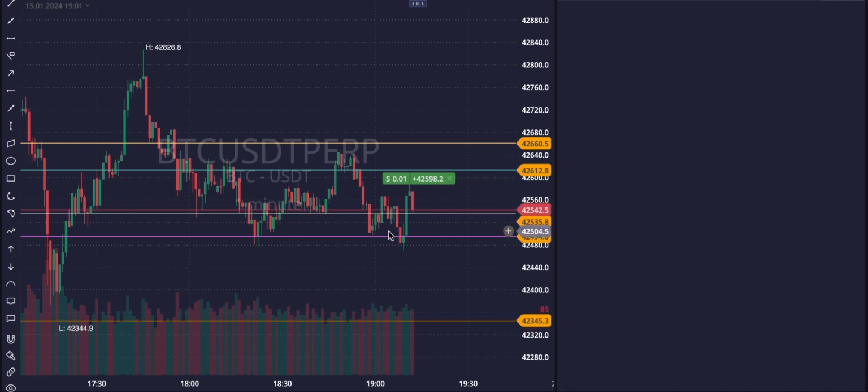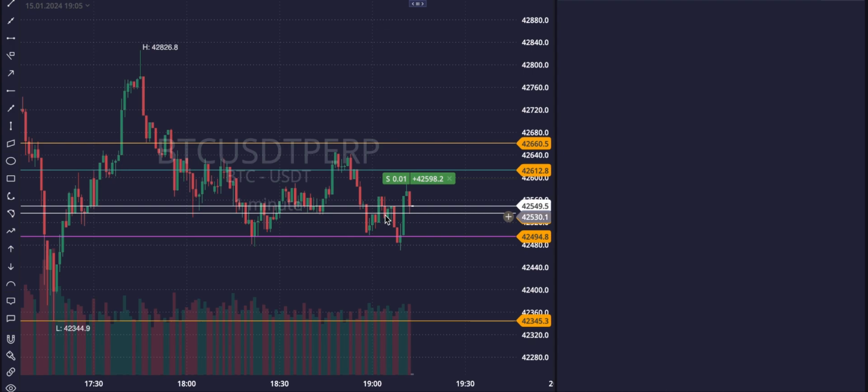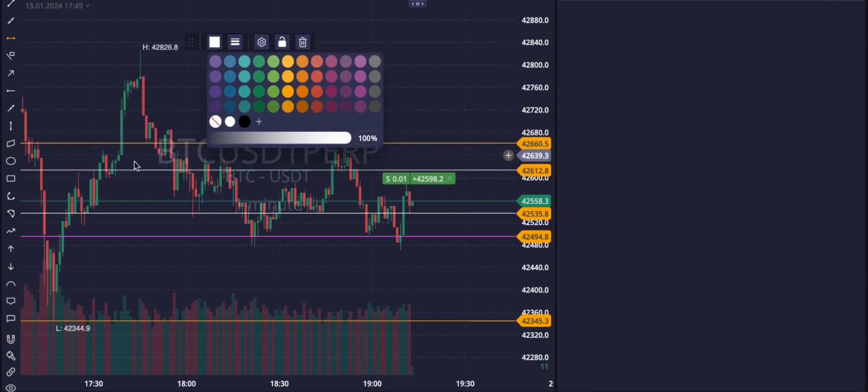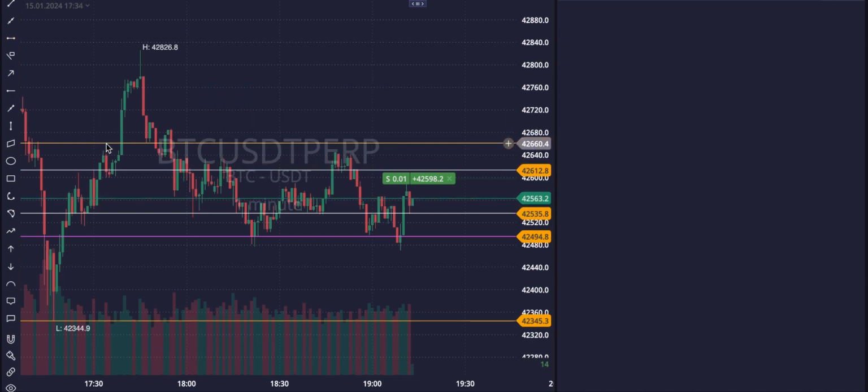So buyers are still in this area of who's in control and who's going to win this battle for the up and the down. So you can technically call this area right here, I'm going to mark it as a white line also. You can technically call this area from this yellow line to this white line your supply zone. And your supply zone is just basically telling you that that's where your sellers are.